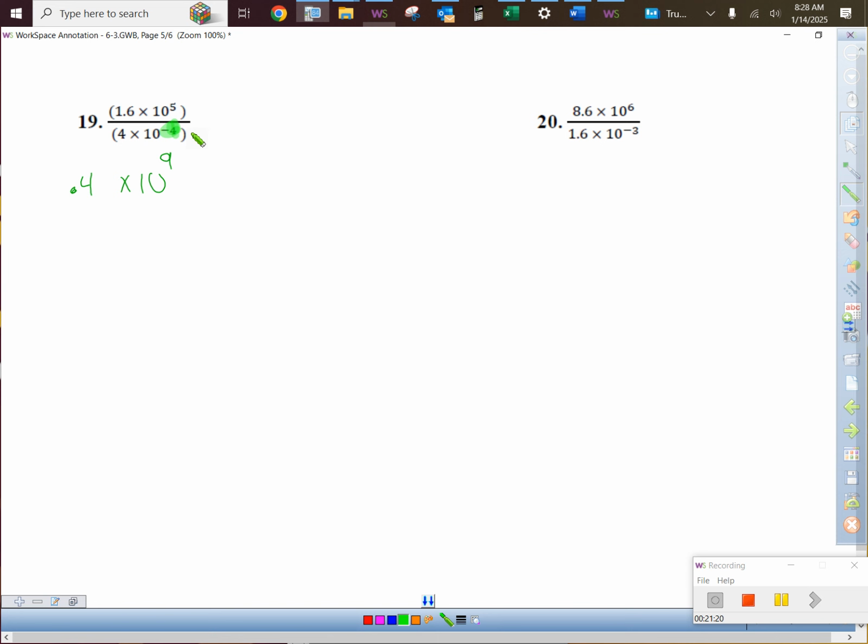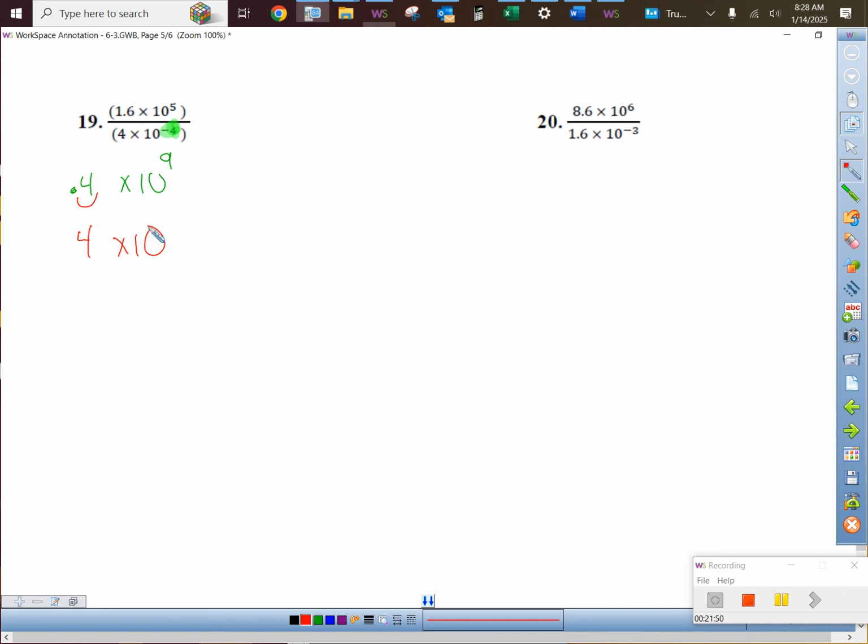Here's the question I have for you. Is this in proper scientific notation? Isn't this number right here supposed to be between 1 and 10? He's too small. So don't we have to make him bigger? So we'll move that decimal. Instead of 0.4, I'm going to move him this way and make him 4. Are you with me on that?